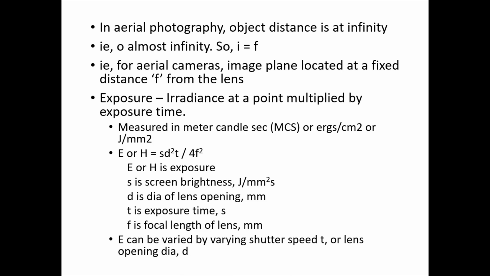The time of exposure, that is the exposure time, is represented as sequential multiples of 2: 1 by 125 seconds, 1 by 250 seconds, 1 by 500 seconds. You might have seen that variation in the pro mode of your mobile camera.